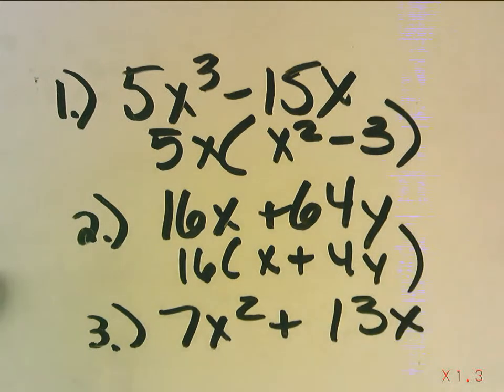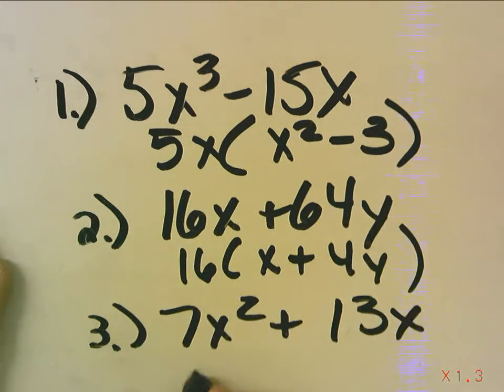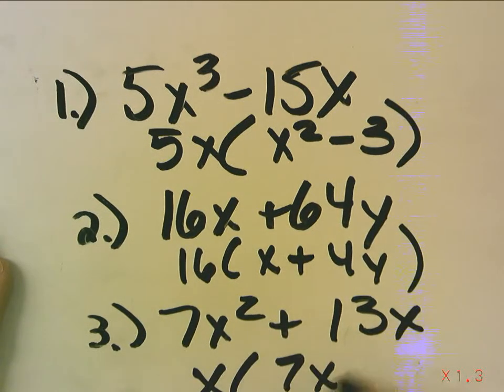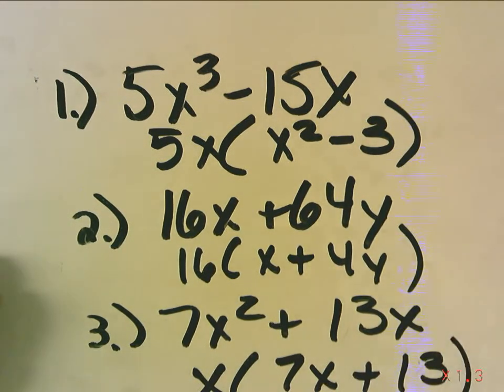Perfect. And the last one? Yeah, Ria. X parentheses 7x plus 13. Perfect, because the only thing you could take out would be an x. Okay, good.